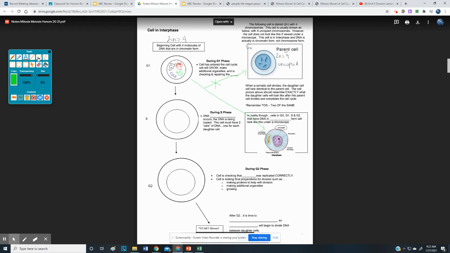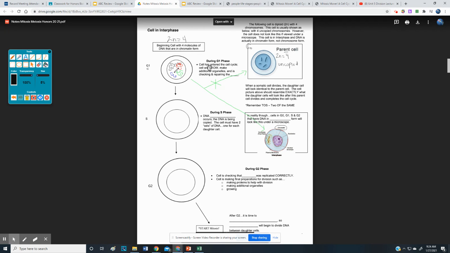Okay. Well, first of all, I want you to highlight that the G in G1 can stand for growth. So if you want to circle the G over here, that's one thing that the cell is doing. So notice between G1 and the next stage of its life, that cell got bigger. So the cell grows. Now, in S phase, something really important is going to happen. The DNA is going to get copied.